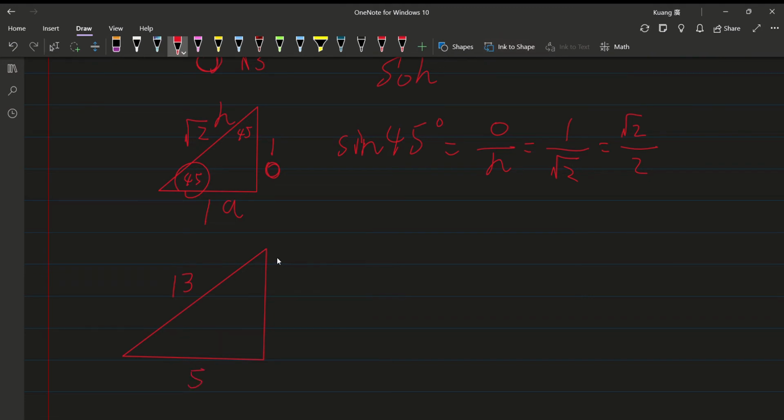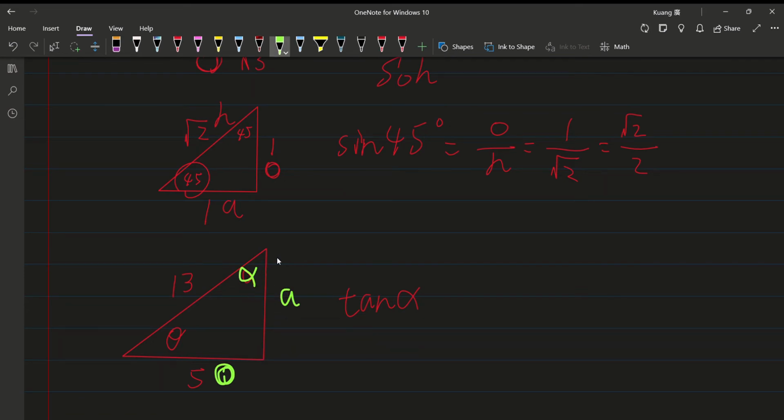And this is theta, this is alpha. Maybe I ask, can you give me the value of tangent alpha? When you look at the angle alpha, the opposite side should be this one, opposite to alpha. The adjacent side is here, but we don't know its length.